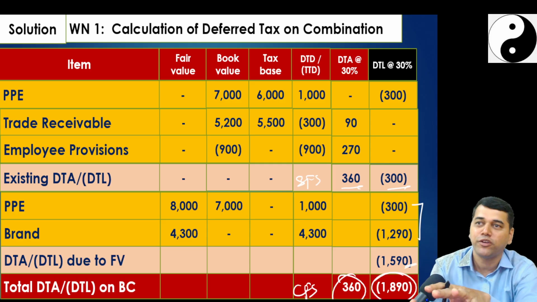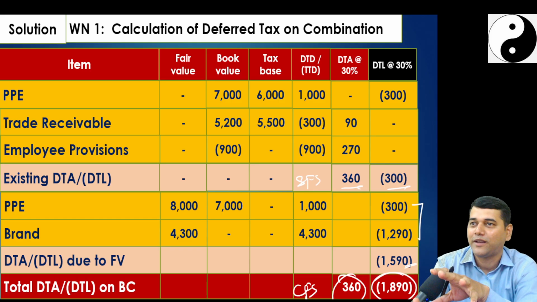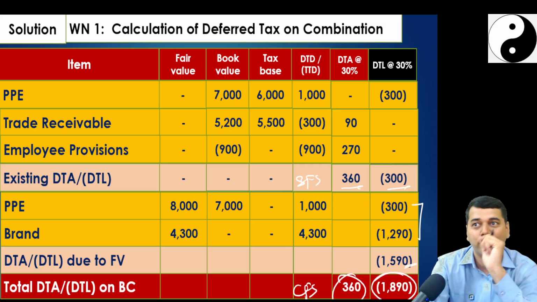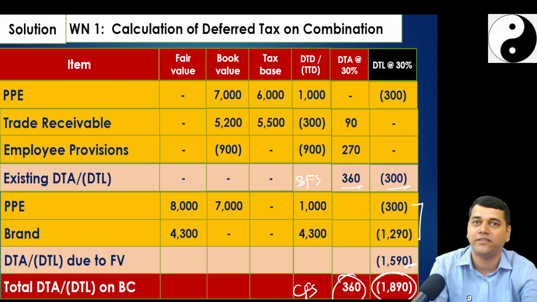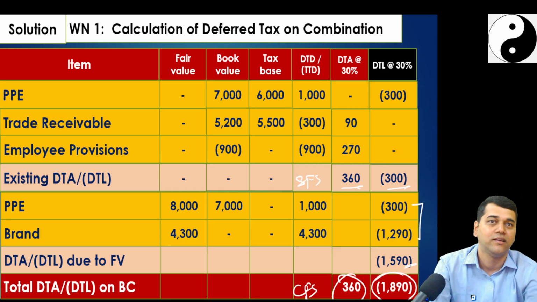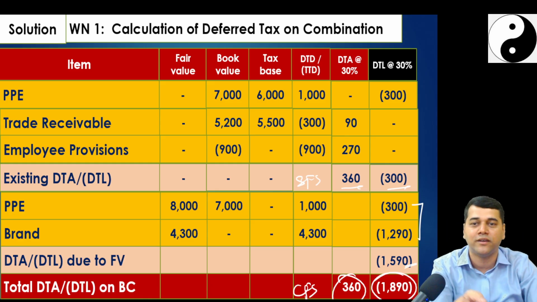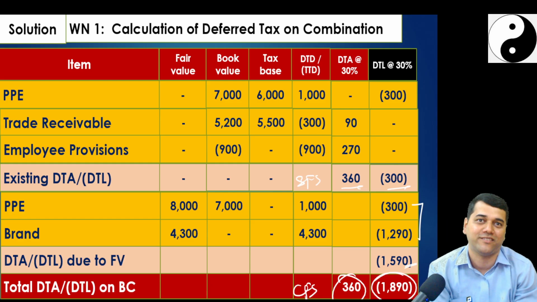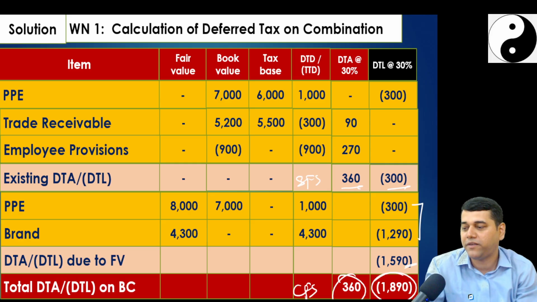From an examination point of view, ICAI is not going to make your life terrible there. Otherwise, you understand the impact now, how consolidation is. You are going to see reversal of this deferred tax, reversal of another deferred tax, and that's why you have to prepare the tax reconciliation. Are you clear, students? Perfect.